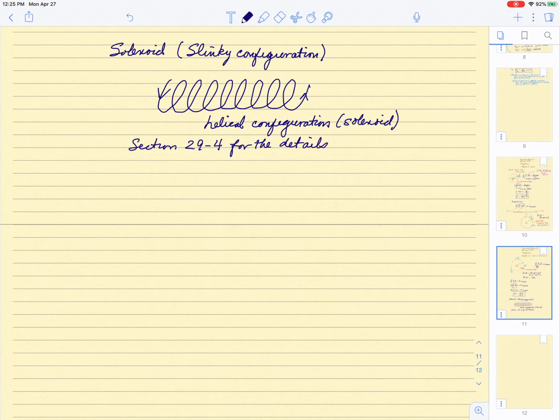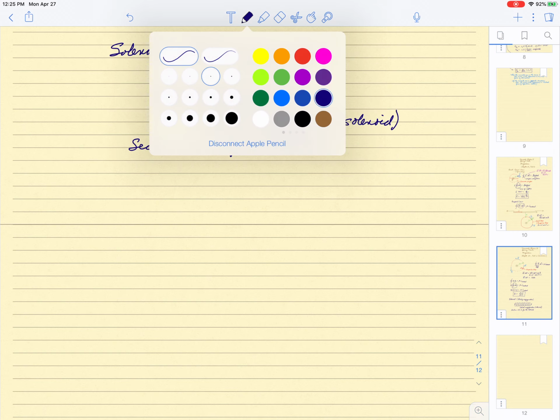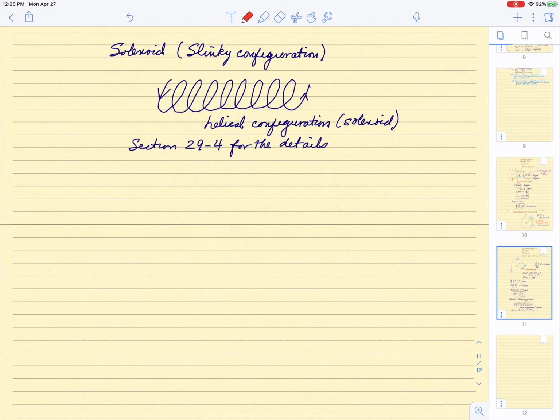But at the end of the day, the magnetic field inside the solenoid is homogeneous and constant, and its direction depends on the direction of the current.